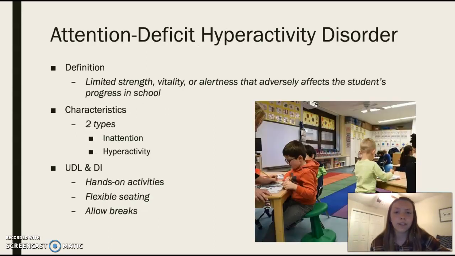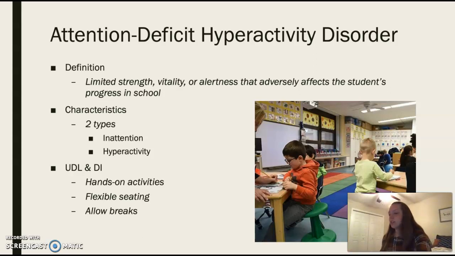And the next one we have is attention deficit hyperactivity disorder. The definition according to our book, limited strength, vitality, or alertness that adversely affects the student's progress in school. So there are two types of ADHD, the inattention type and the hyperactivity type.